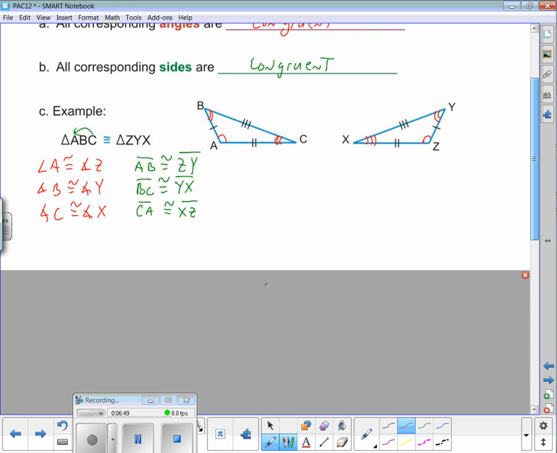Okay, now let me show you one other thing here. I'm going to use my space. You don't need to do this, but let's suppose I had a triangle here, and I'm going to go A, B, C. And let's suppose I had a triangle here, and I'm going to go X, Y, Z, okay?